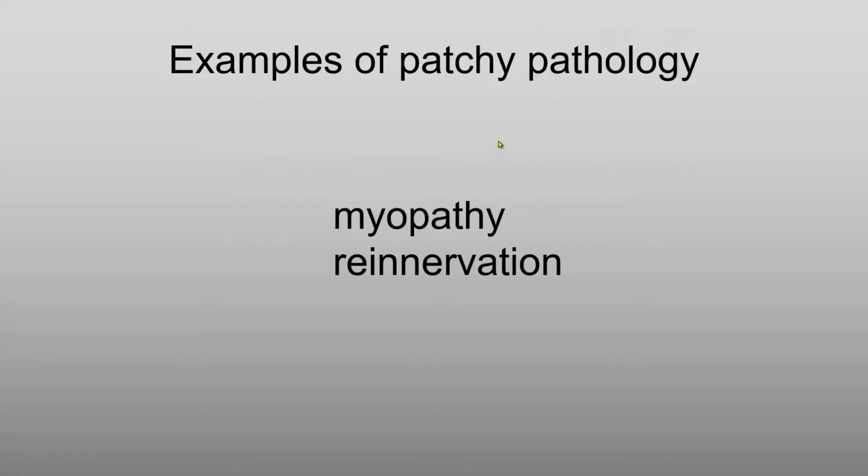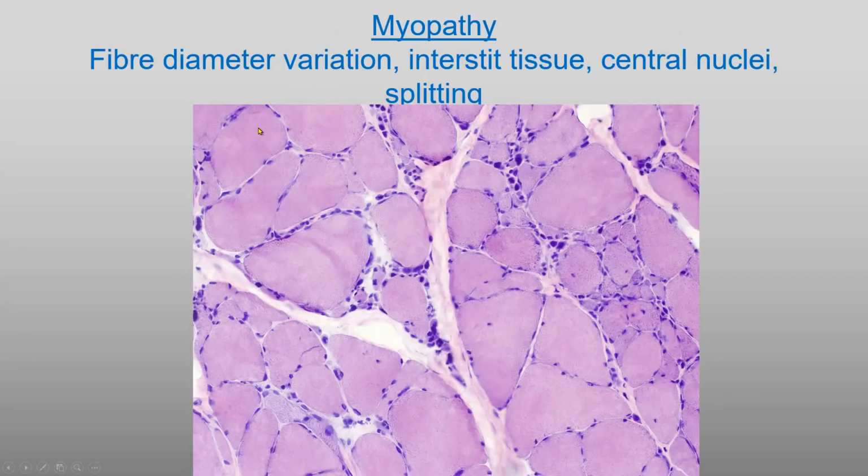Here are some examples of the patchy pathology. First, in myopathy, where we can see different types of changes. Fiber diameter variation: we can have very large fibers and very small fibers. If the electrode happens to be in this area, it gets another picture than if we are in this area.